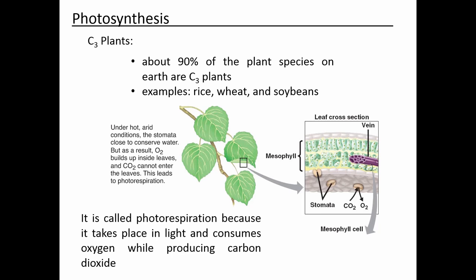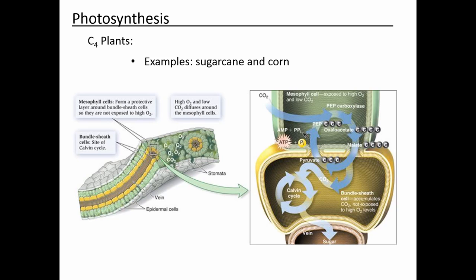Okay, so let's talk about what happens in C4 plants, and then we'll talk about CAM plants. Both of these plants are going to have a pathway that minimizes photorespiration taking place, and that's going to be the reason that they have an advantage in hot, dry conditions.